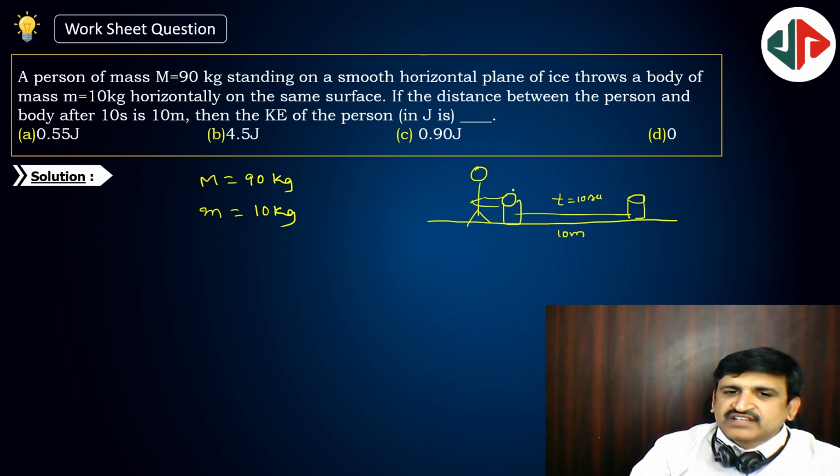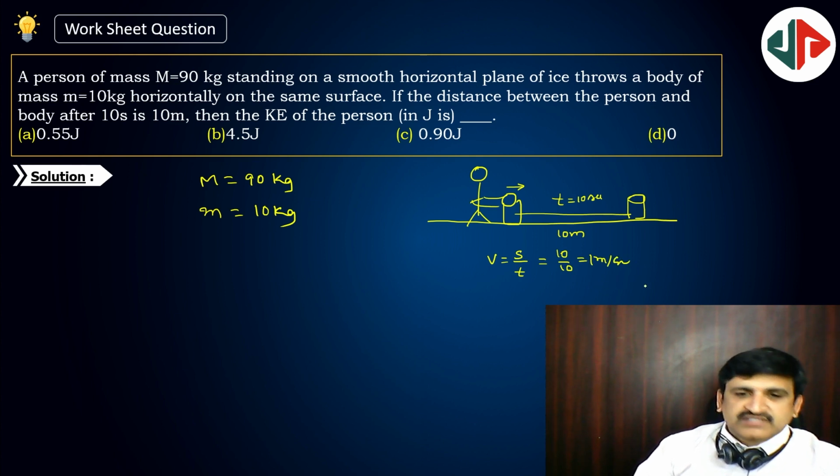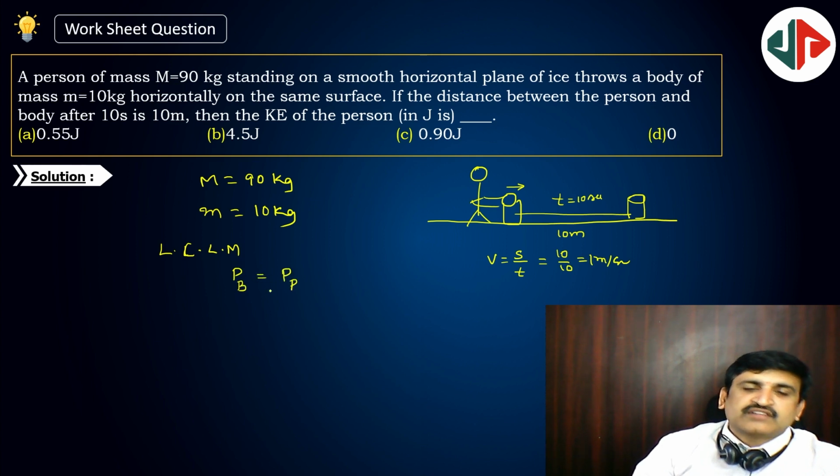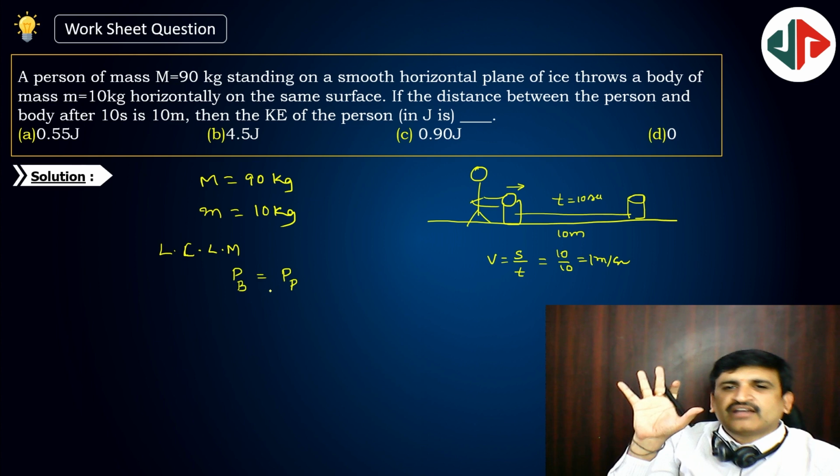That means with which velocity the person threw this body, that velocity v is equal to distance by time, because it's smooth, so that is 10 by 10, equal to 1 meter per second. The body is thrown with 1 meter per second. Next, from law of conservation of linear momentum, the momentum of the body is equal to momentum of the person, with which momentum I have thrown.